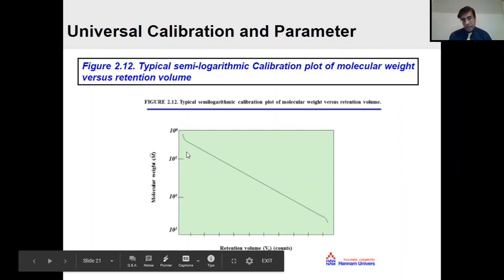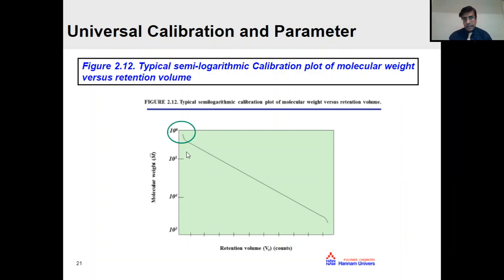See here you have an upward turn. This is because of the upper limit, the high molecular weight limit. It means after a certain point where this upturn starts, for example if this is 100,000, then after 100,000 no more molecular weight will be reliable, because all will be eluted at the same place.